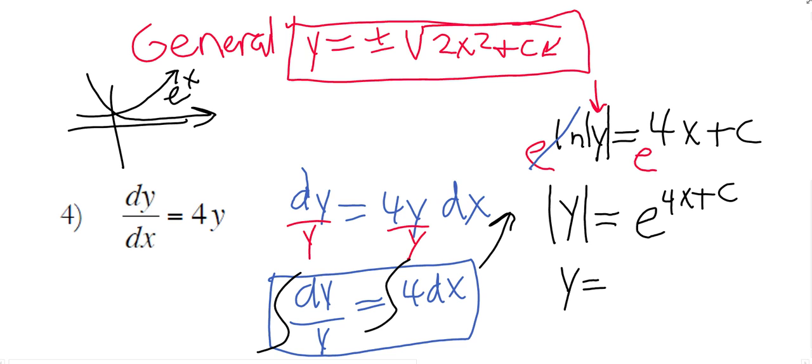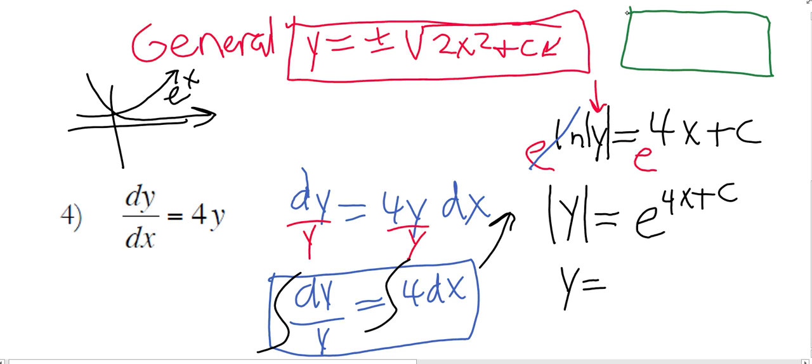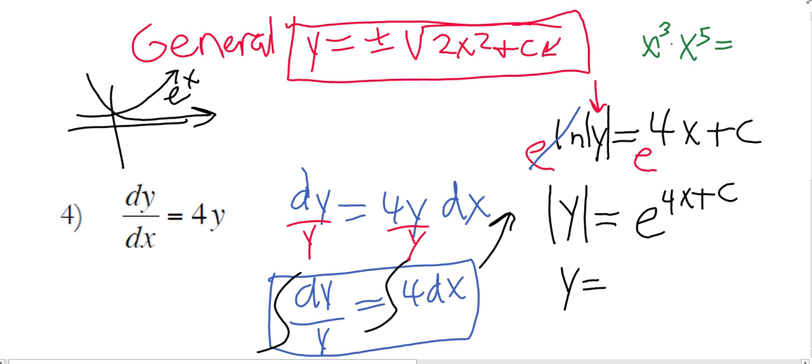Let me change colors and do a little side work over here. Let's say we have x to the third power and we're multiplying it by x to the fifth. Of course you would just look at that and say that's x to the eighth, but really it's the same thing as adding 3 plus 5, right?